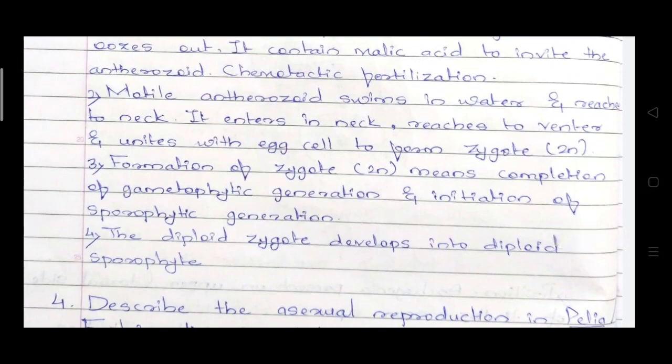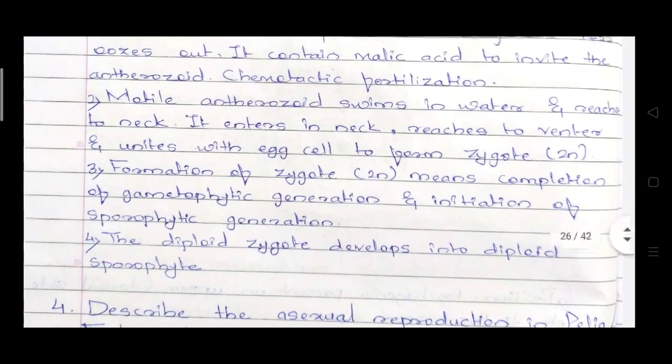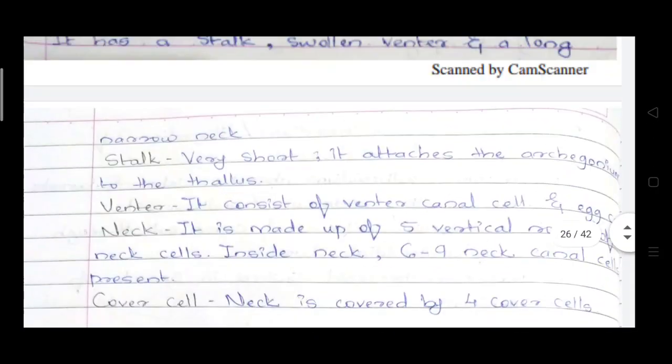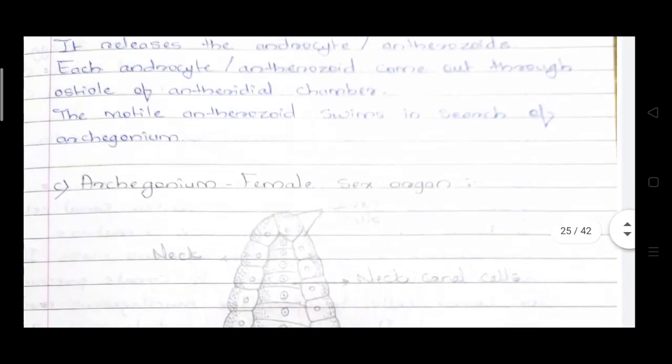So zygote formation is the end of the gametophytic generation, and from that the sporophytic generation will start. So in this way the fertilization takes place in Riccia bryophytes.